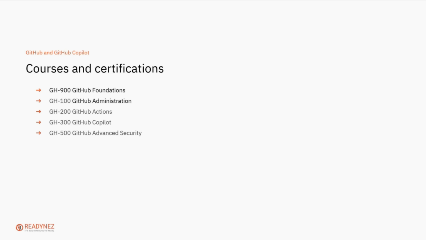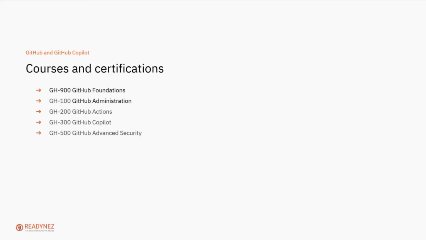And there are 5 courses and certifications. There's GitHub Foundations. Now this isn't fundamentals. Some of you might have done AI Fundamentals, Azure Fundamentals, Dynamics Fundamentals, which are really about high-level features and capabilities. GitHub Foundations is actually quite hard.